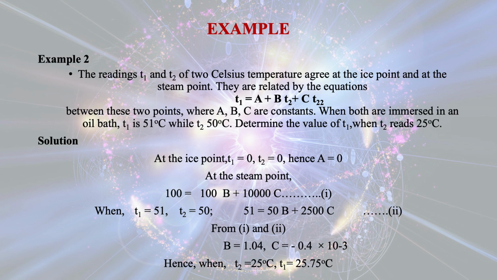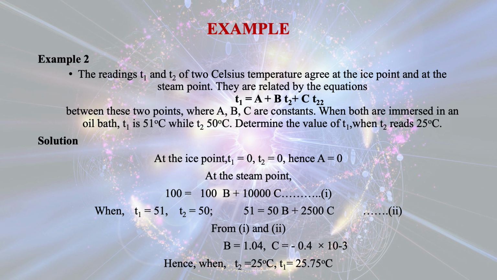Now at the steam point, when T1 and T2 are equal to 100, the equation gives 100 is equal to 100B plus 100 square C. When T1 is equal to 51 and T2 is equal to 50, put these two values and you will get another equation, that is 51 is equal to 50B plus 2500C.